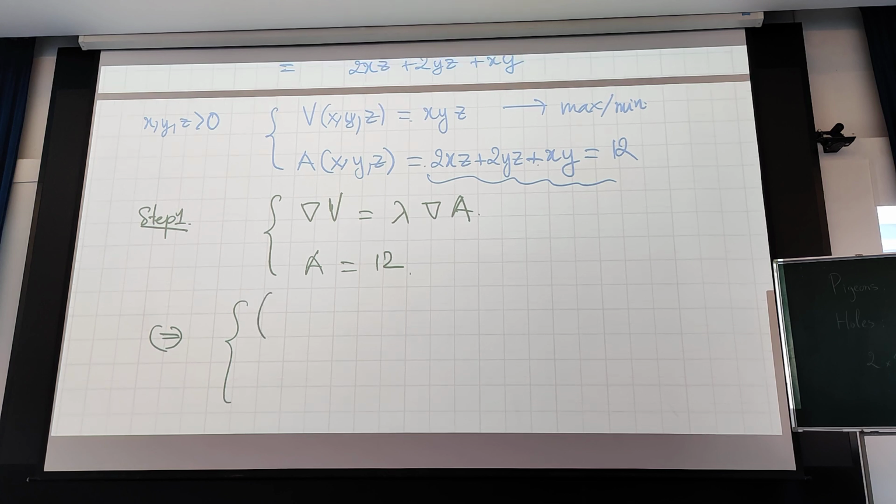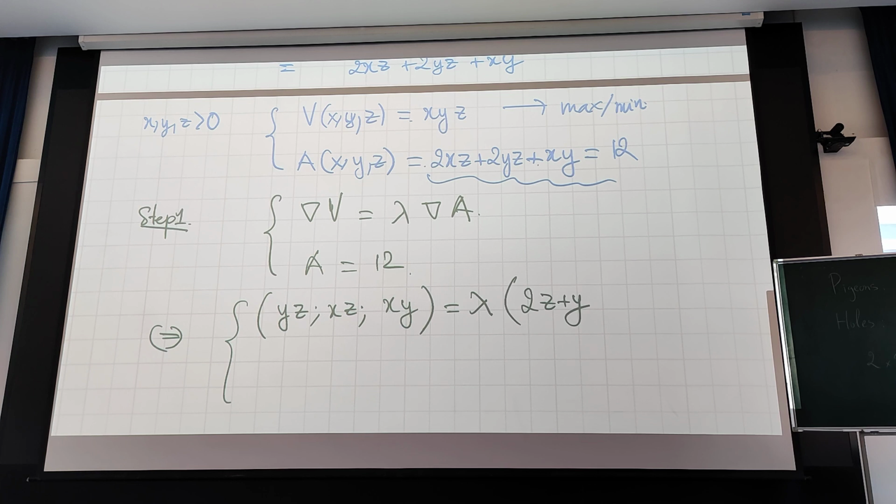So let's write in the form of a vector. So the partial derivative with respect to x is yz, to y is xz, and the last one is xy, right? It is the gradient vector of function v. And it should be equal to lambda times the gradient vector of A, which is, let's see, 2z plus y, right?